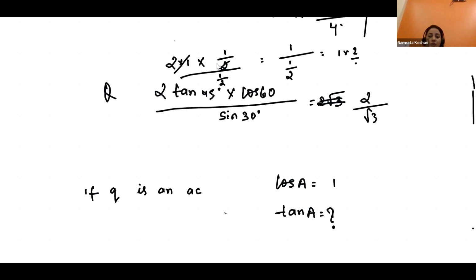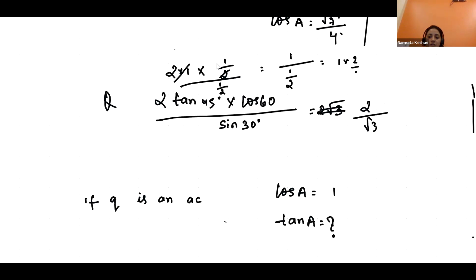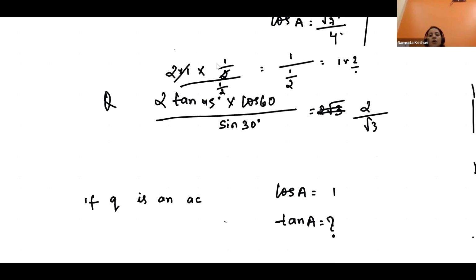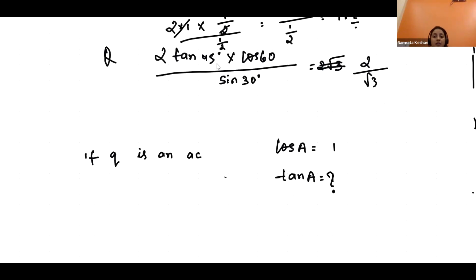Either we can use the formula, or we can use the identity. Let's try using the identity: sin square theta plus cos square theta is equal to 1.